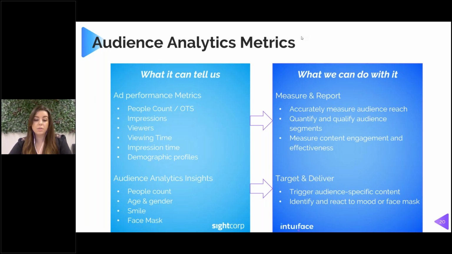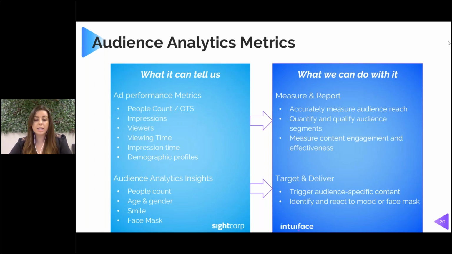The second use case for audience data is delivering highly targeted content, as we already mentioned. And this is at the right time and to the right people. So brands and advertisers can translate their target audience types into specific triggers and show specific ads when somebody from that target audience is detected by the camera.